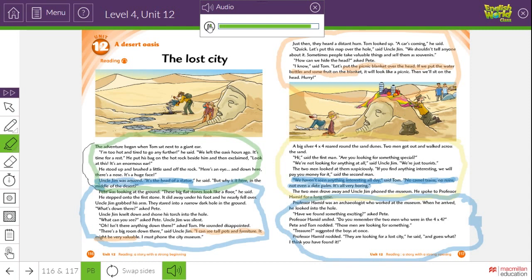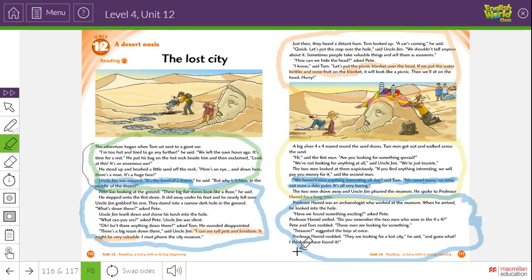Pete and Tom nodded. "Those men are looking for something." "Treasure?" suggested the boys at once. Professor Hamid nodded. "They are looking for a lost city," he said. "And guess what? I think you have found it."